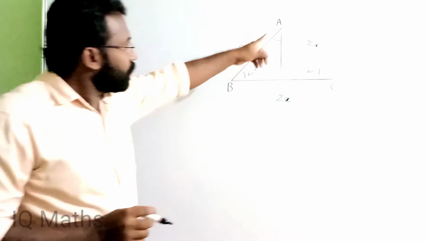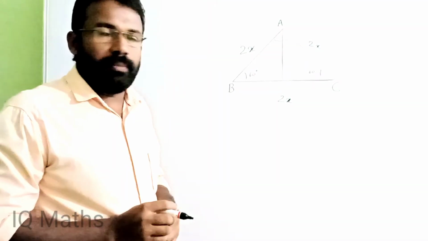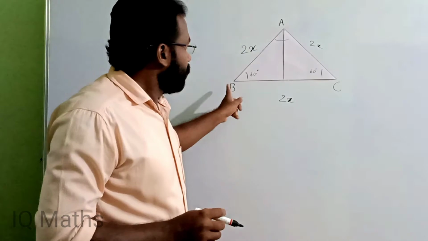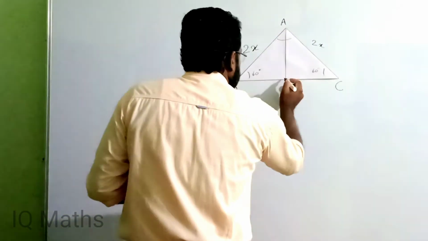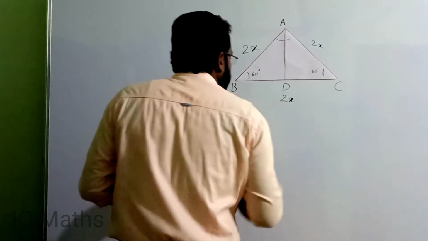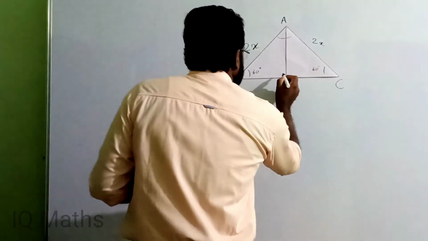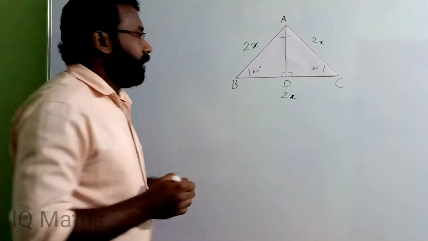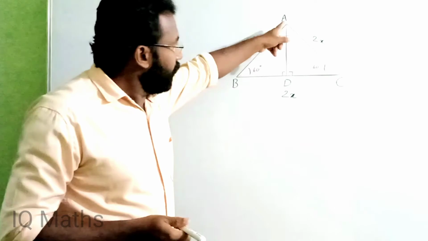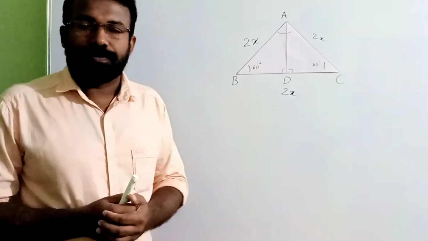Now, we will draw a perpendicular from the vertex A to the side BC. Let AD be the perpendicular. Perpendicular means which will make 90 degree. AD is the perpendicular to side BC.